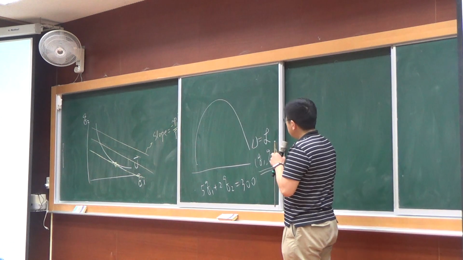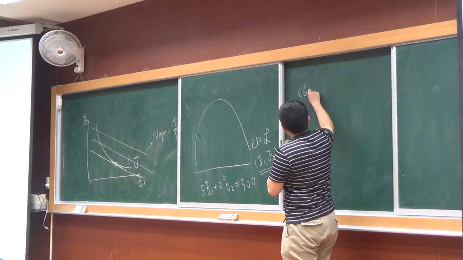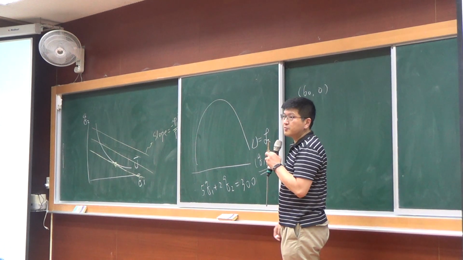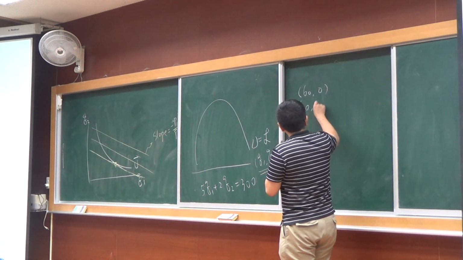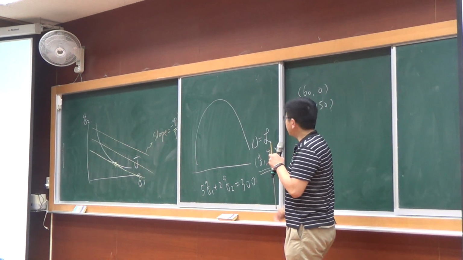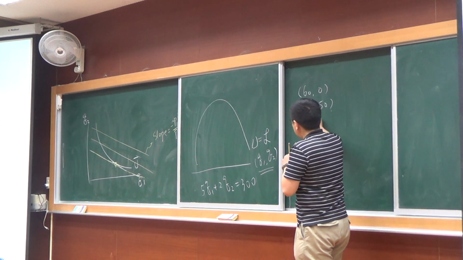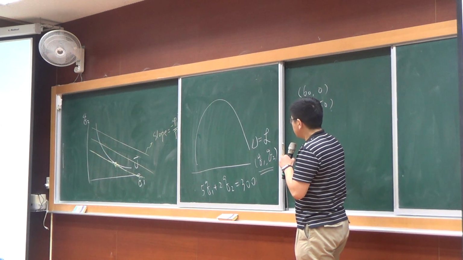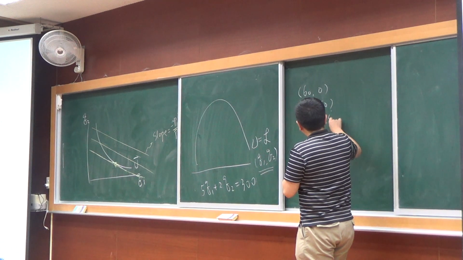So you may choose your consumption, say 60, 0, right? You may do this. And also you may do something like 0, 150. Or you may do something like 10, 125.